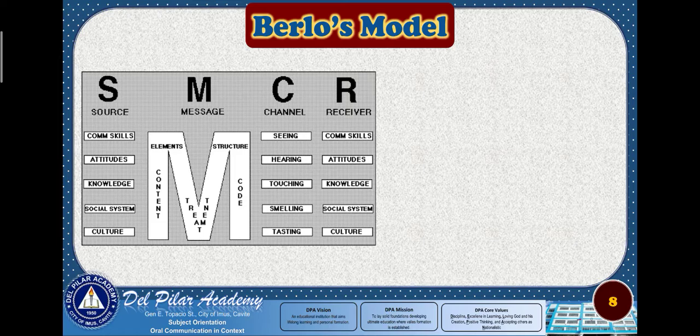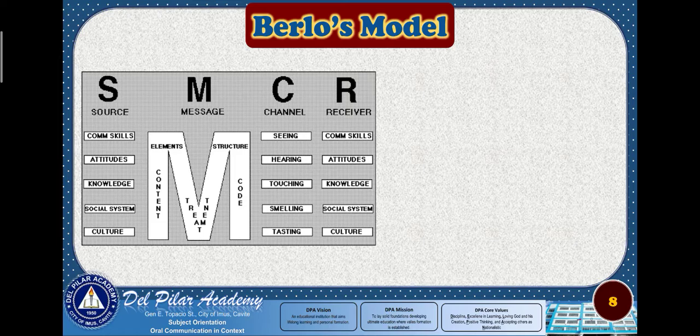Next, it is also affected by his knowledge, how much the sender knows about the subject of the message. Next, the source is also affected by his social system or the factors governed by the sender's religion, beliefs, values, and other social factors, including the place and situation of the communication event.